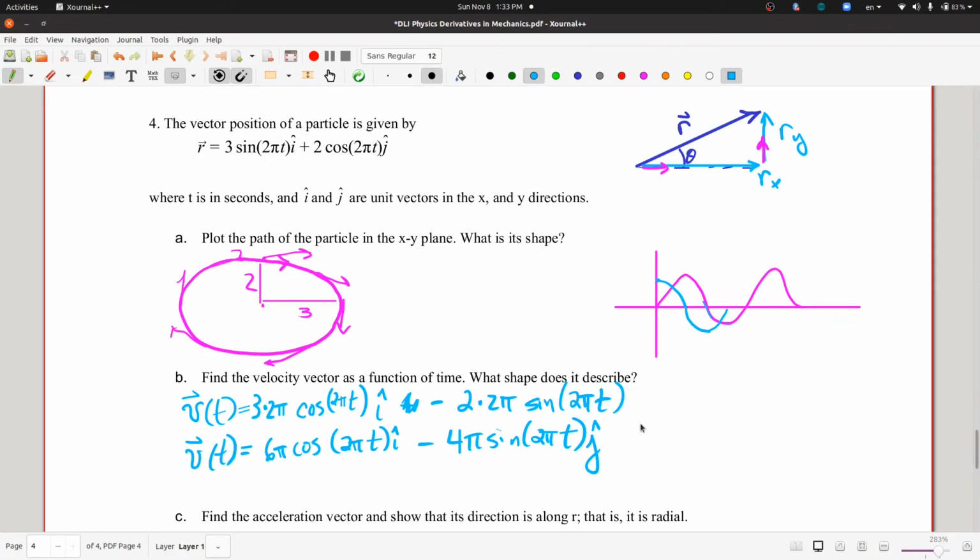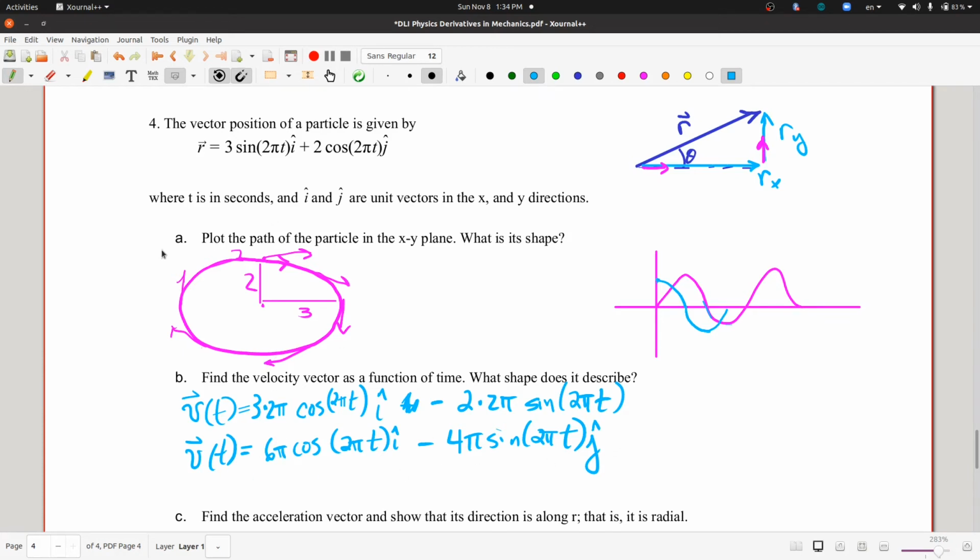So notice this still has the form of an ellipse. I have a component that is going like not sine and cosine, but cosine and sine. And this shape has an amplitude of 6 pi in the x direction and 4 pi in the y direction. So we see that this is a very similar shape.